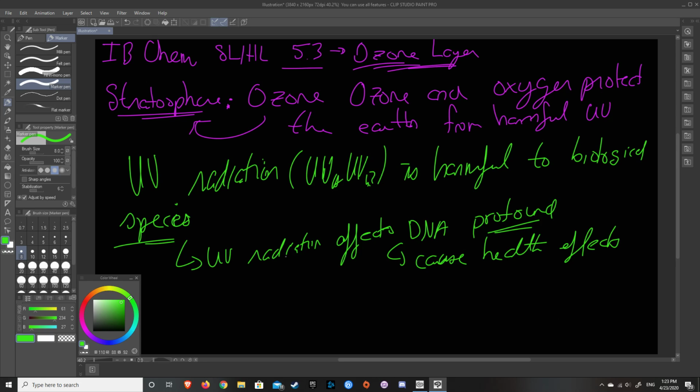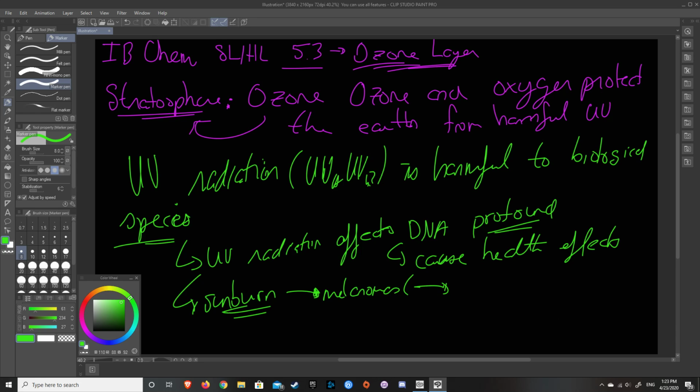What I mean by this is, like you guys have seen, you go into the sun and you get sunburn. That's not that bad, right? But sunburn leads to melanomas, which are basically small pockets of skin cancer.